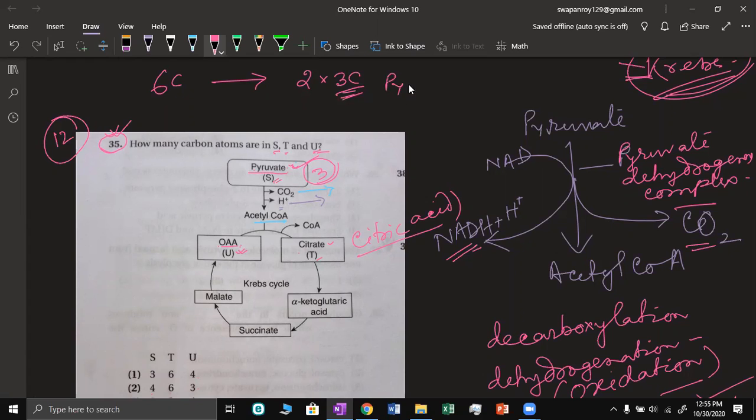Pyruvate is a 3-carbon compound. From this 3-carbon compound, 1 carbon comes out. Then how many are left? 2. So acetyl coenzyme A is a 2-carbon compound.